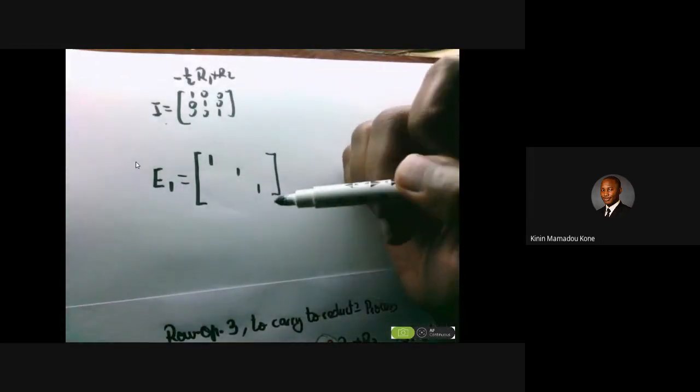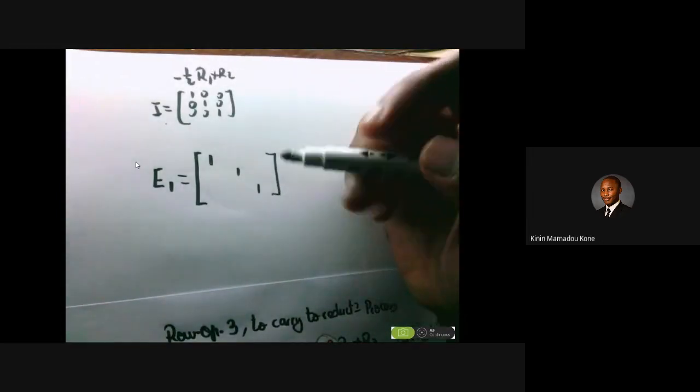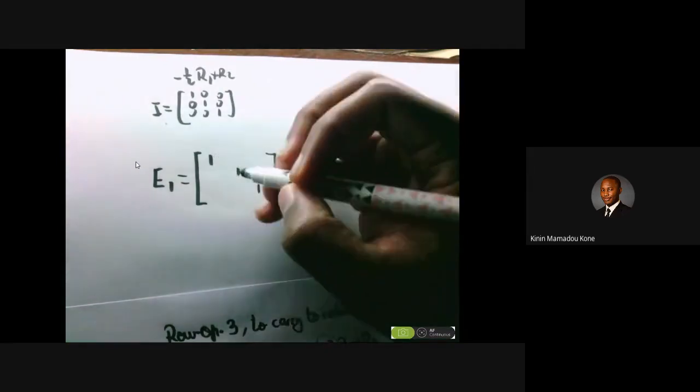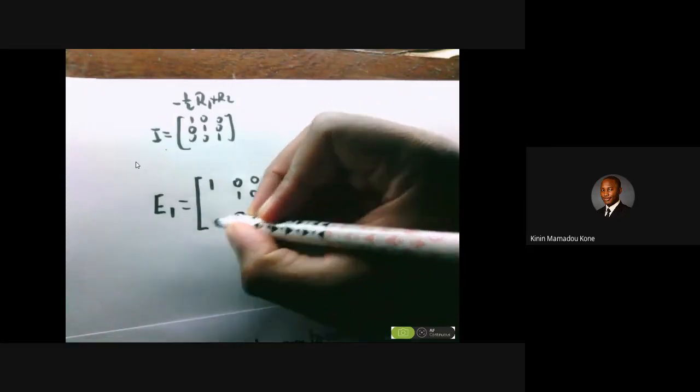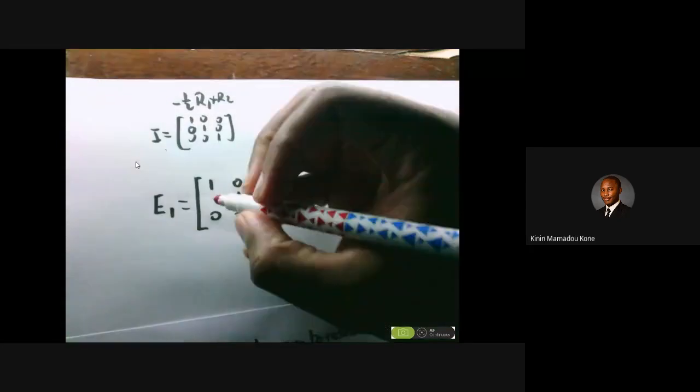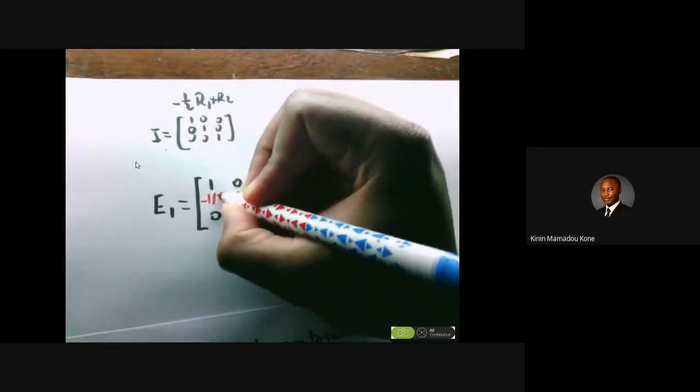So here I have the matrix E1, stemming from the identity matrix to which we've applied this row operation, and we obtain the following matrix, with negative 1 half here.